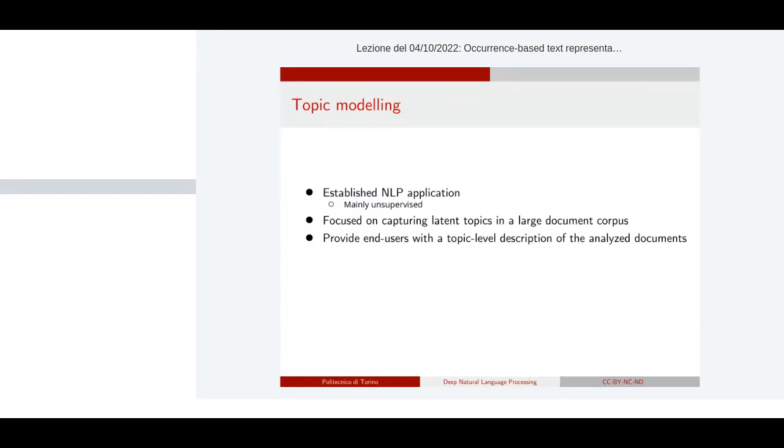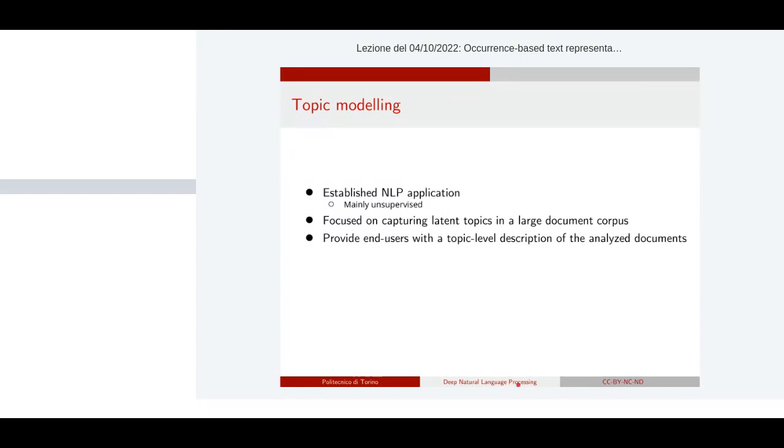Here we are commonly in a fully unsupervised scenario where you don't have annotated data. In most cases, you don't have a query, so you just have a collection of documents, some parameters to set up your model, your algorithm, and that's it. You have to produce as an output a description of the documents.